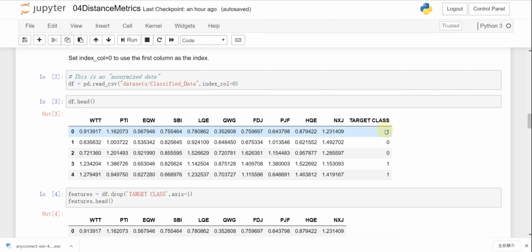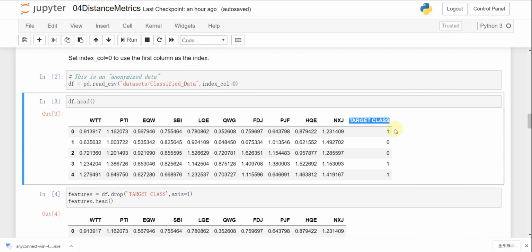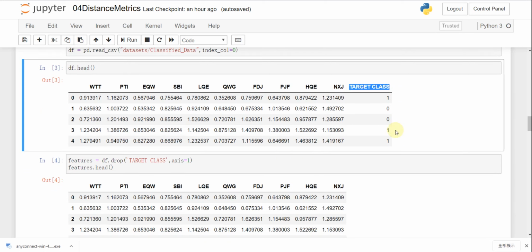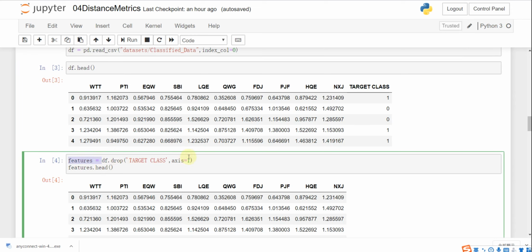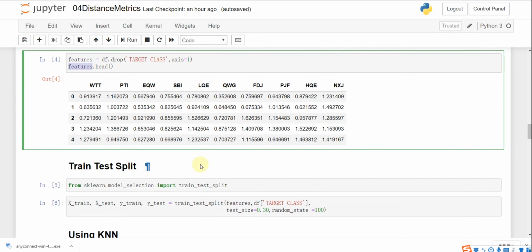So for this data set, we have 10 columns and one target class. The target class has only two possible values, 1 or 0. What we are going to do is start by dropping the target class, so we only have the matrix of all features, and we call that matrix features.